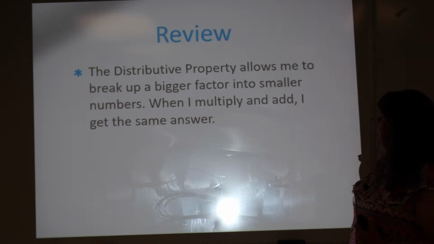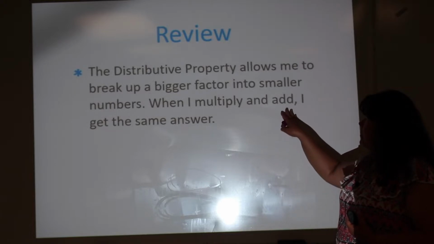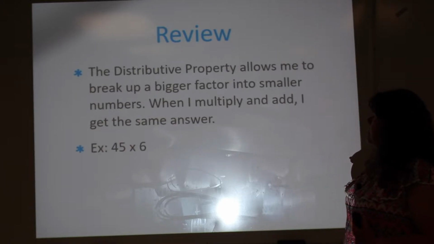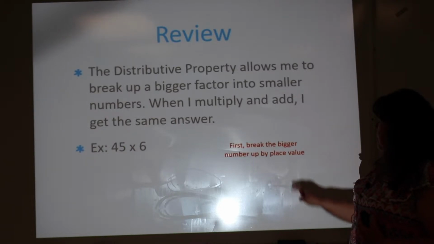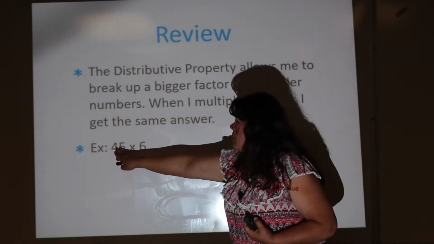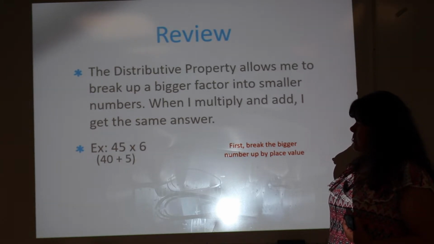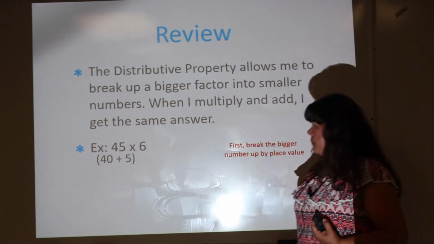The distributive property allows me to break up a bigger factor into smaller numbers. When I multiply and add, I get the same answer. So example is 45 times 6. First, we break the bigger number up by place value. So this bigger number is going to get broken up by place value. 40 plus 5 still equals 45.